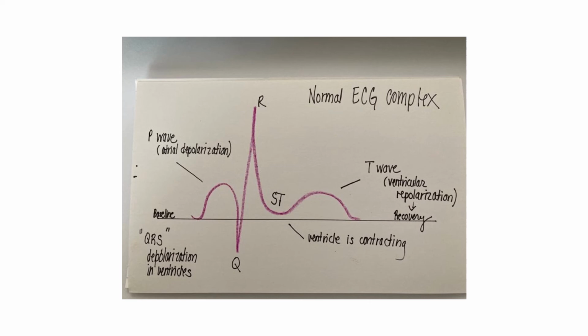In talking about the heart and coronary artery disease, which we'll talk about, this is a normal ECG complex. You'll see that there are 5 waves. It's the PQRST. The P wave is the very first upward rounding in this complex.